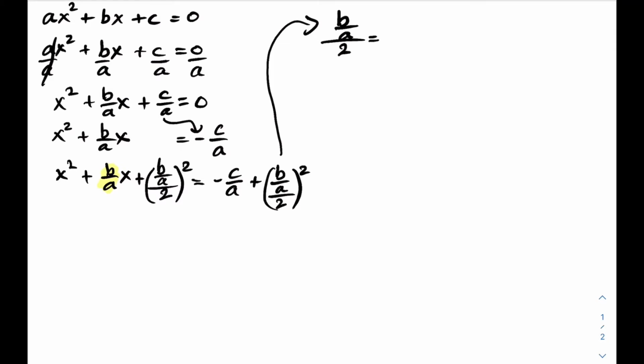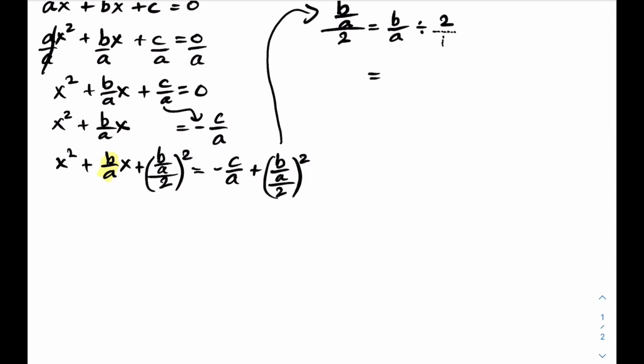B over a divided by 2, which is the same thing as b over a divided by 2 over 1. Any whole number has a denominator of 1. You're going to take the reciprocal of that.